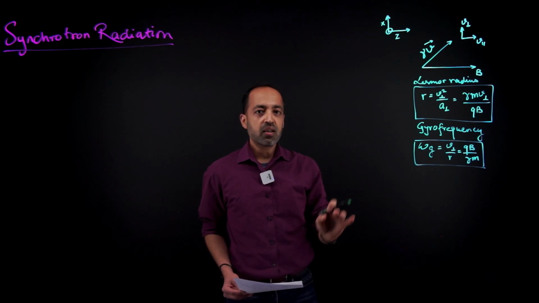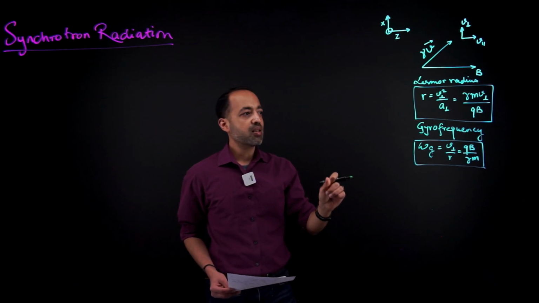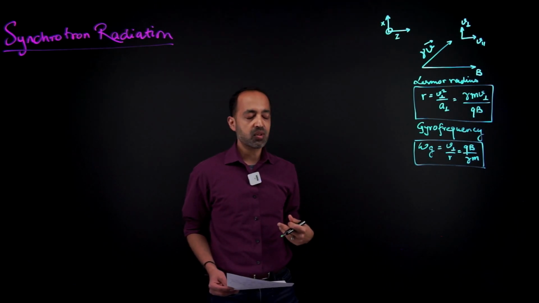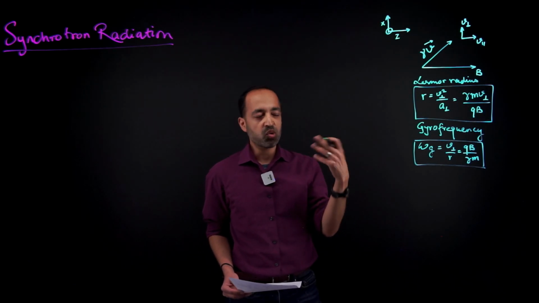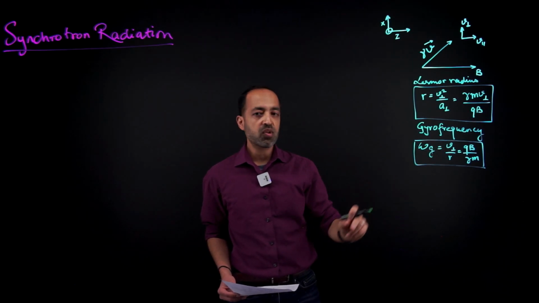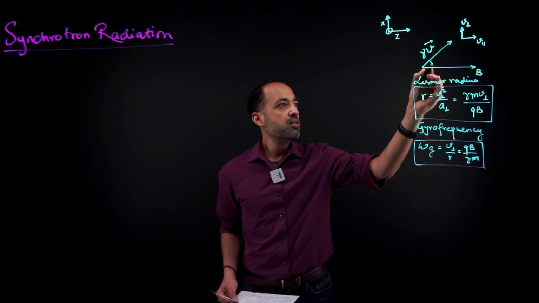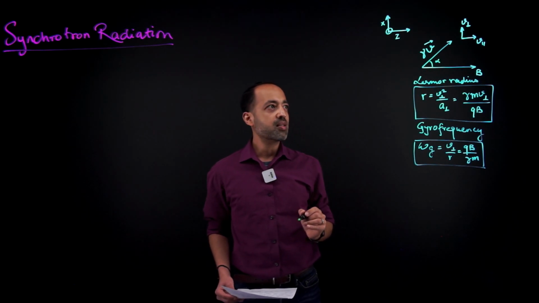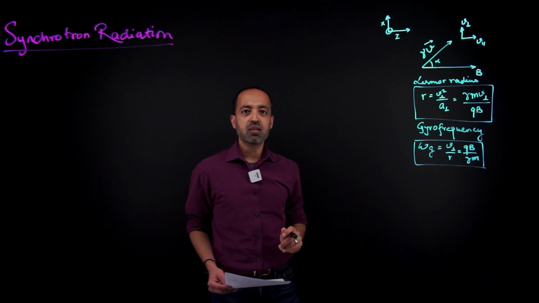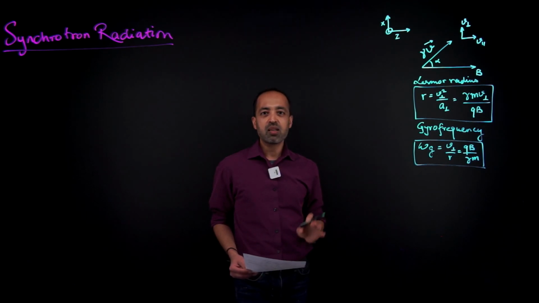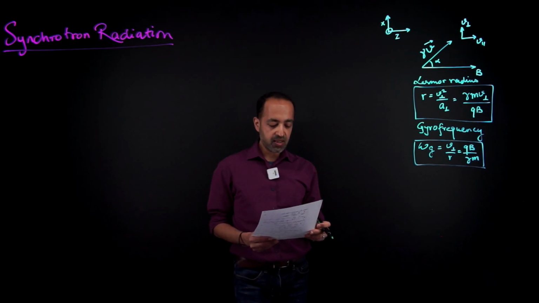And then we also derived the angular gyro frequency, which is the angular frequency of this orbital motion of this charged particle, as v over r, and that's qB over gamma m. I'm just going to define this angle alpha as the angle between the velocity vector and the magnetic field vector, and we'll use this in a couple of other cases.